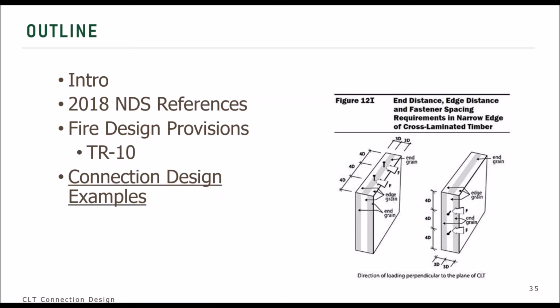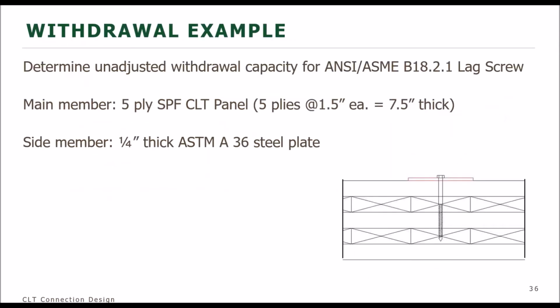All right. So with the rest of our time this morning, we're going to go into our connection design examples. The first design example is our withdrawal example. And if you're paying attention, when I mentioned that if you've done one withdrawal example, you've done them all, this one might not be super exciting to you, but we'll do it as an exercise anyway.